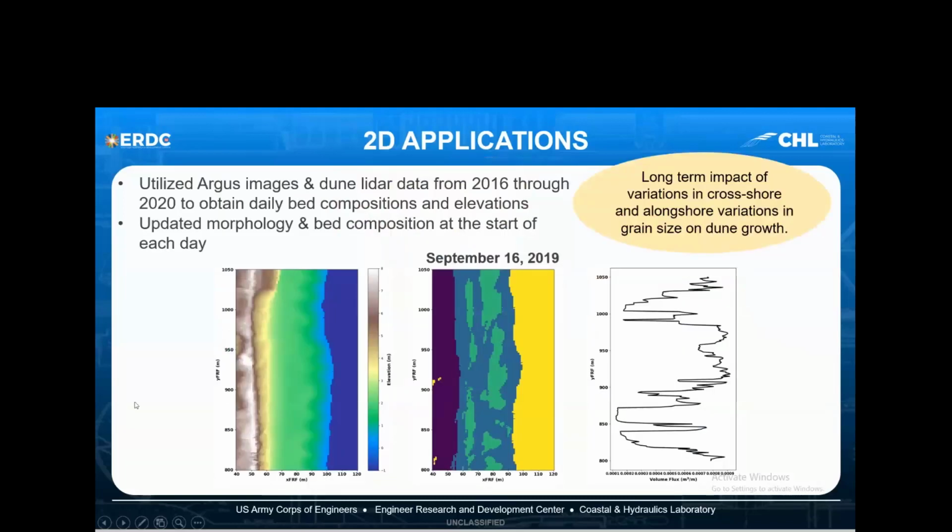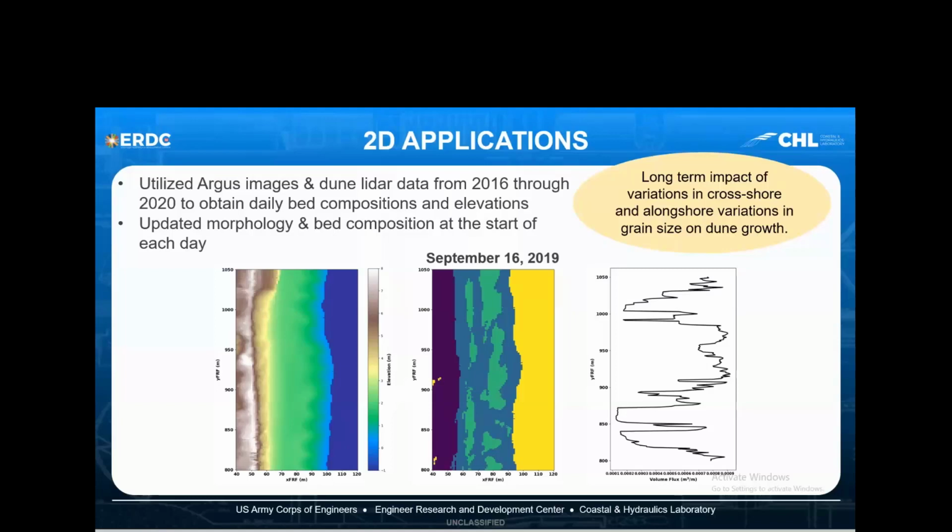So moving on to our longer term impact of the variation of cross-shore and alongshore sediment grain size on dune growth. This was similar. We utilized the Argus images and the dune LiDAR from 2016 through 2020. We did this to obtain a daily bed composition and elevation.